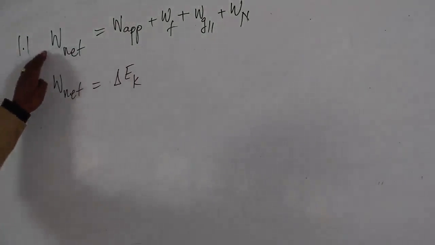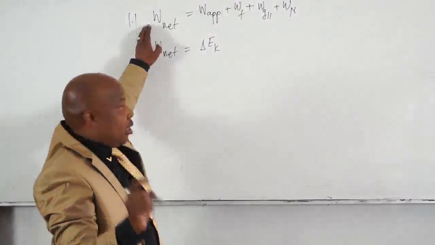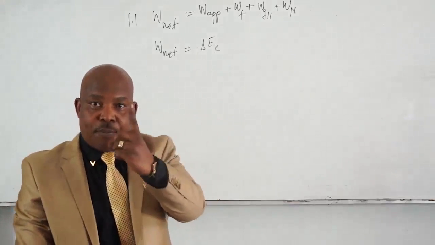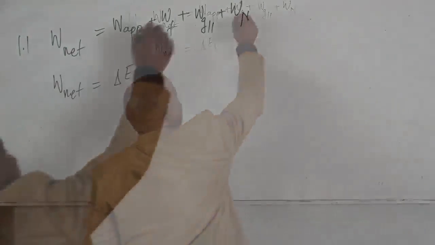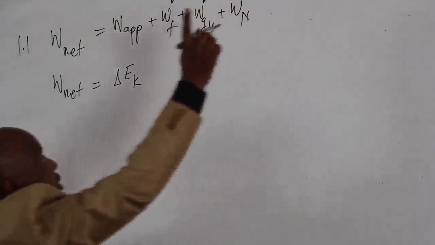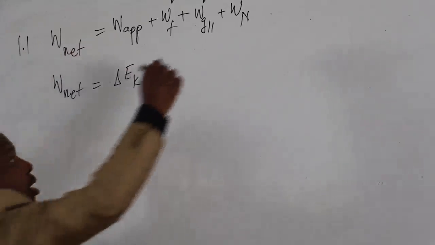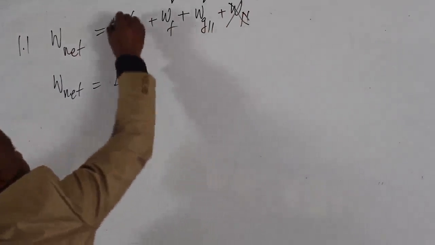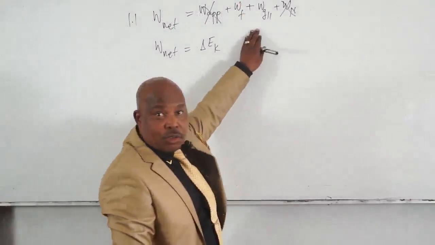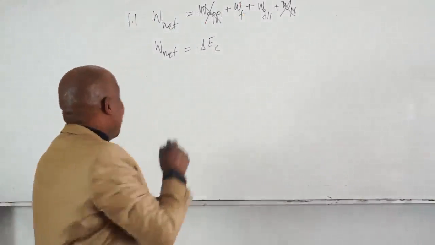This one is not on the formula sheet, you have to know it. But this one is on the formula sheet. But what we have now in 1.1 is we have frictional force, so this will apply. We have the WG parallel, so the normal is 0, we don't have to apply force. Therefore, we're going to apply these two in order to find the W net.